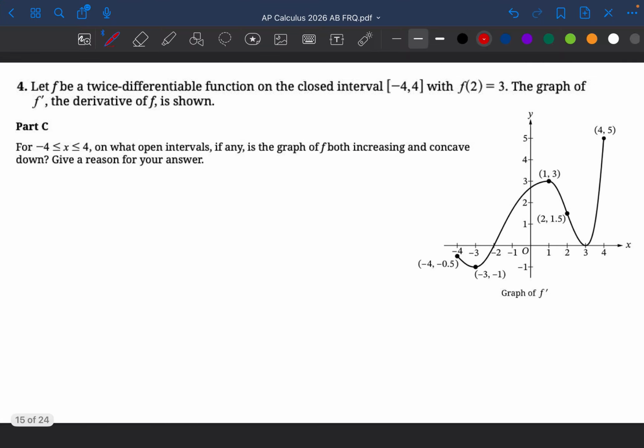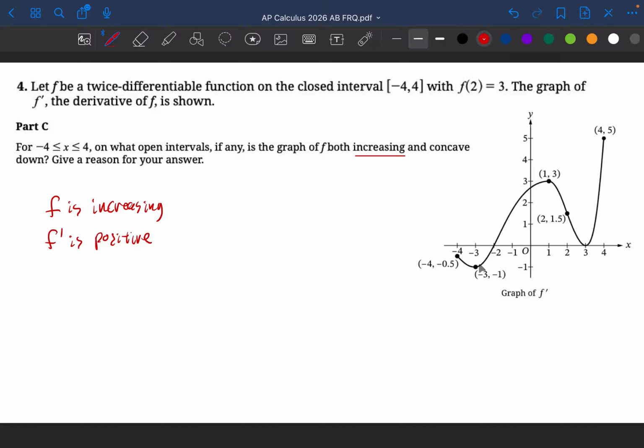Part C. For the closed interval -4 to 4, on what open intervals, if any, is the graph of f both increasing and concave down? So we have two behaviors we have to track. The first one is when f is increasing, that means f prime is positive.